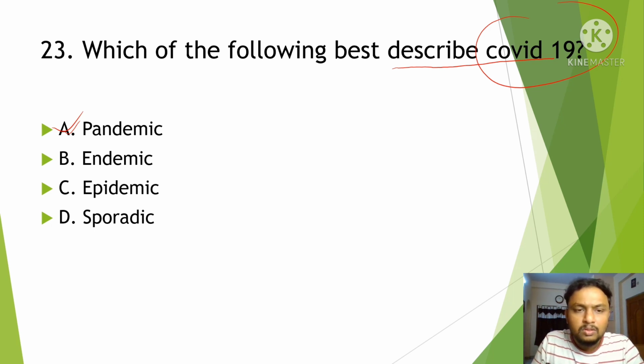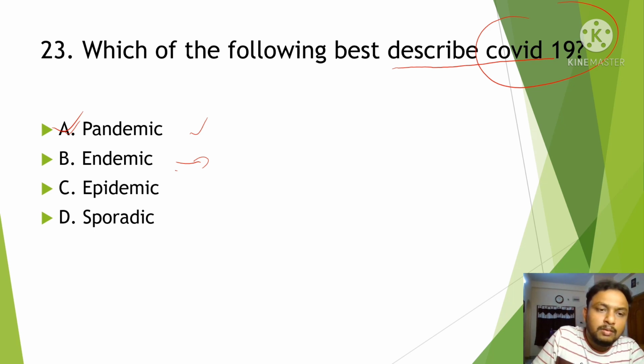Endemic means a disease present throughout the year constantly in a particular area, limited to that area. Epidemic is a sudden outburst of disease in some regions. Sporadic is different. So these are the options, and your answer is pandemic.